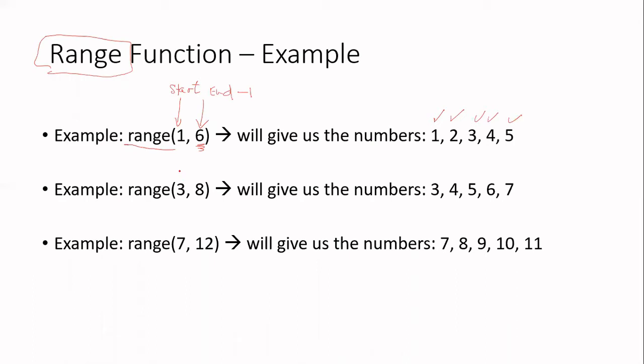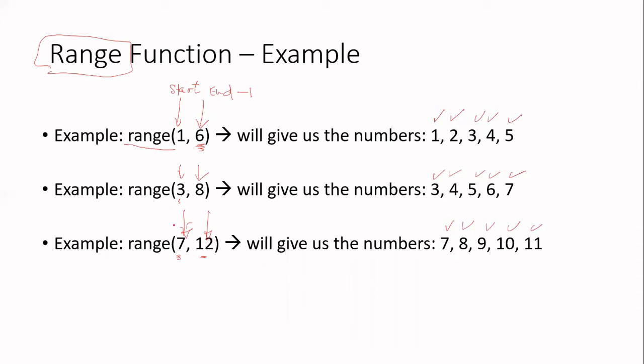If you had to say range 3 to 8, start from 3, but stop 1 less. So that's going to give us numbers 3, 4, 5, 6, 7. One final example, if we say range 7, 12, it's going to start at 7 and it's going to end 1 less than 12. That's going to give us 7, 8, 9, 10, 11.